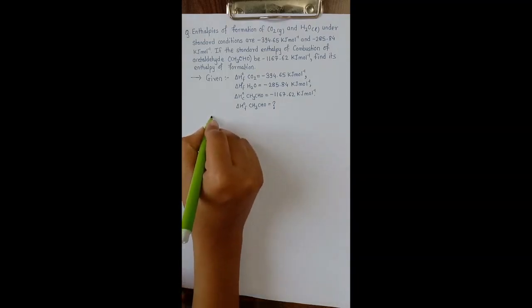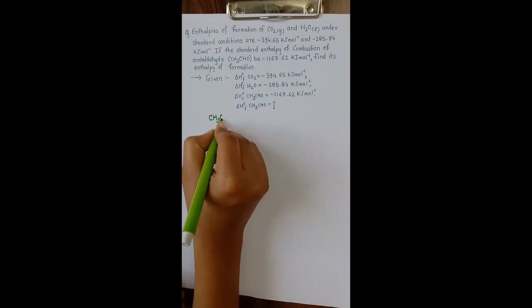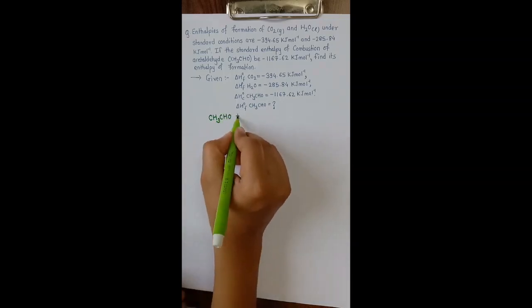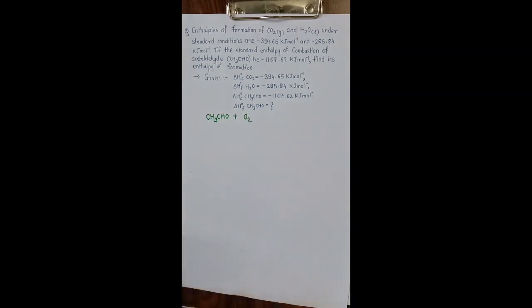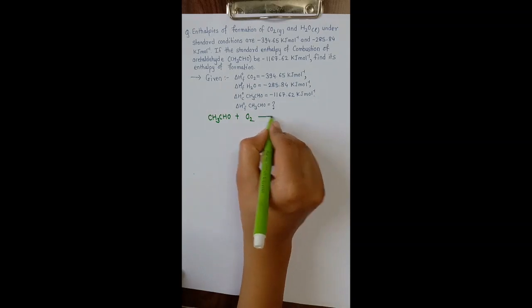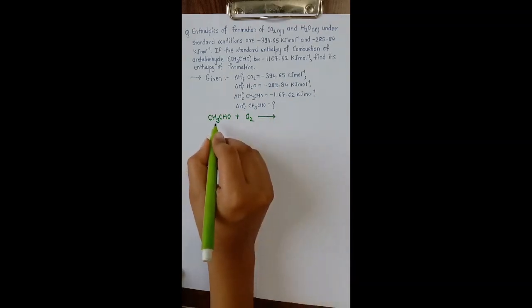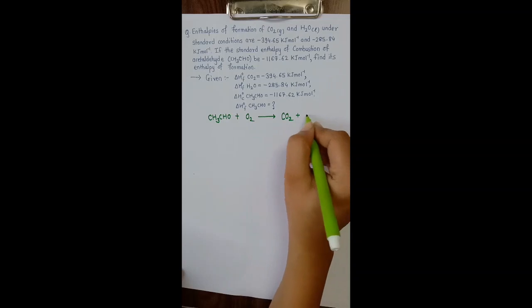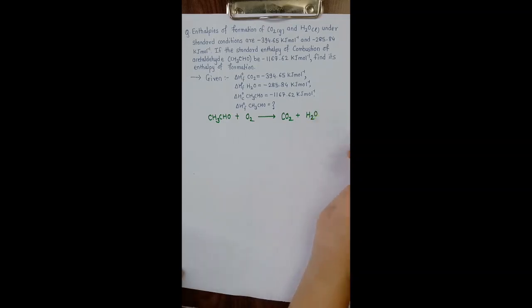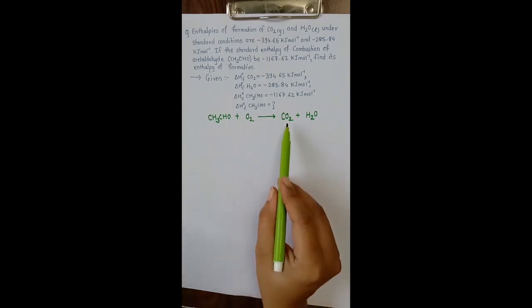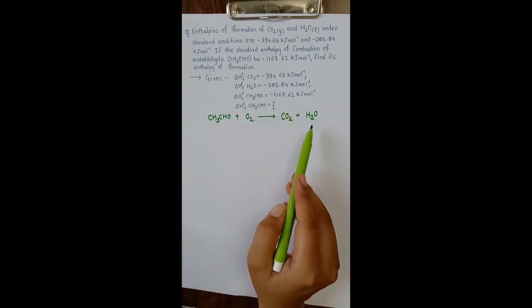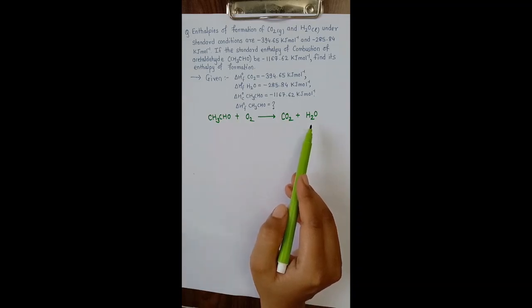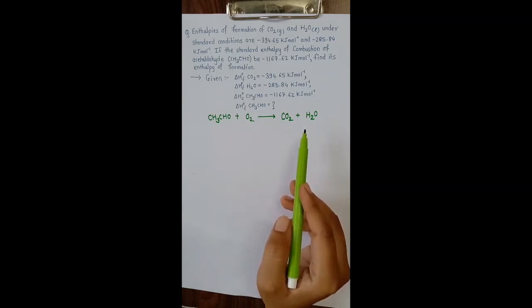When there is a combustion, there is an addition of oxygen to give, so when there is a combustion of acetaldehyde, it will give carbon dioxide plus H2O. You might be thinking why I have directly written carbon dioxide and H2O? Because in our question the carbon dioxide and H2O are given to us. That means those must be our product terms.